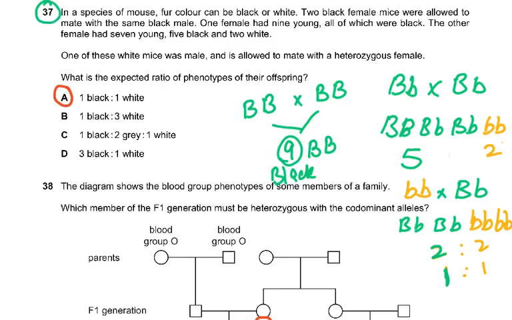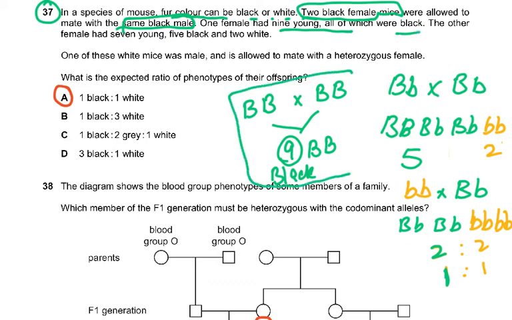Question 37. In a species of mouse, fur color can be black and white. Two black female mice were allowed to mate with the same black male. One female had 9 young, all of which were black. The other female had 7 young, 5 black and 2 white.